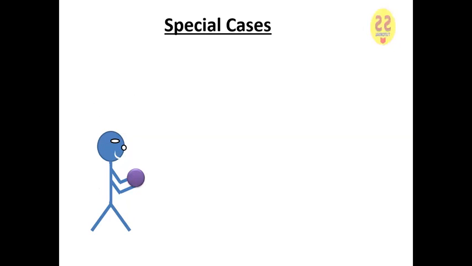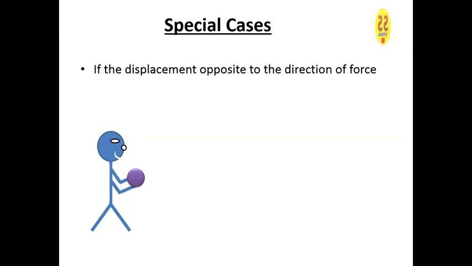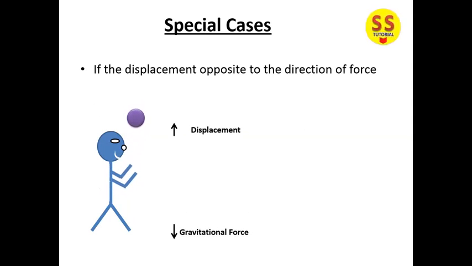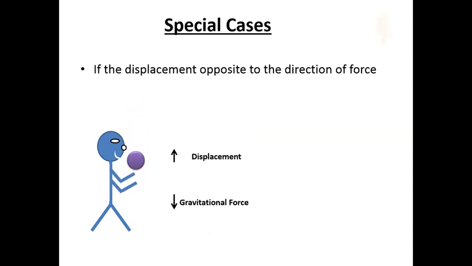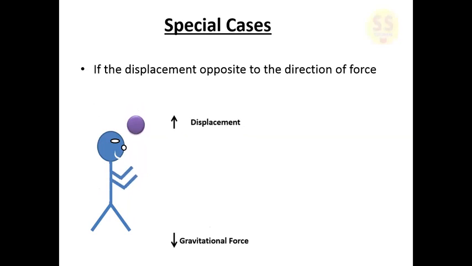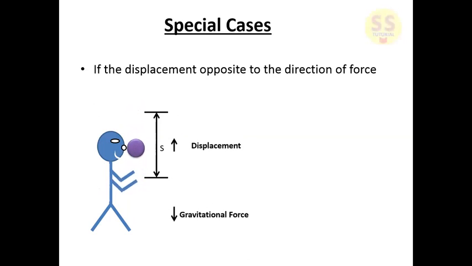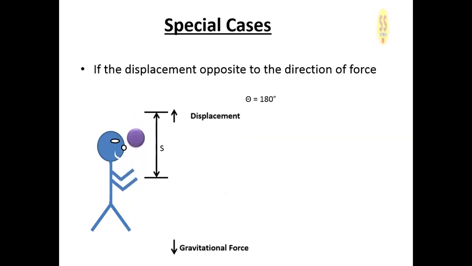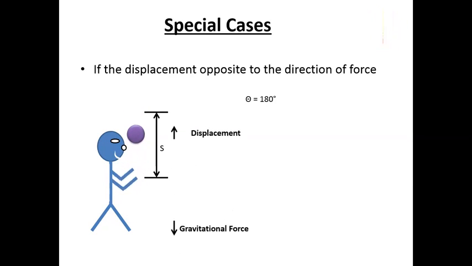If the motion is against the force, opposite to the force, that is, if the displacement is opposite to the direction of force, just look at the figure. The boy is throwing the ball upward, hence the direction of the displacement and the gravitational force are in opposite directions. So here theta is equal to 180 degrees.